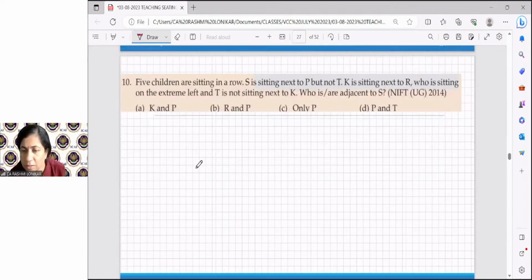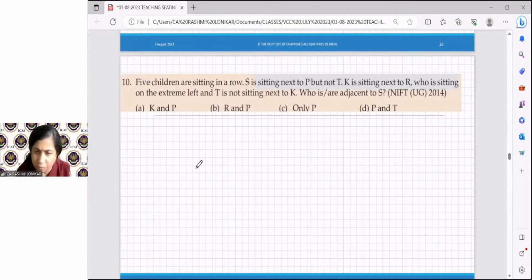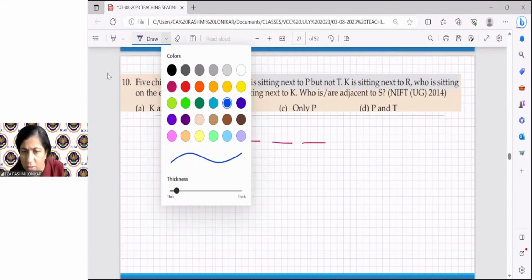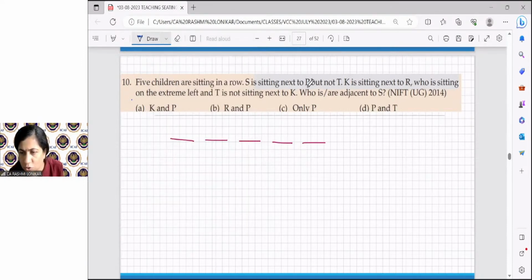Now 5 children are sitting in a row. So I have 1, 2, 3, 4, 5. S is sitting next to P but not T, so I can have SP or PS. K is sitting next to R. Who is sitting on the extreme left?